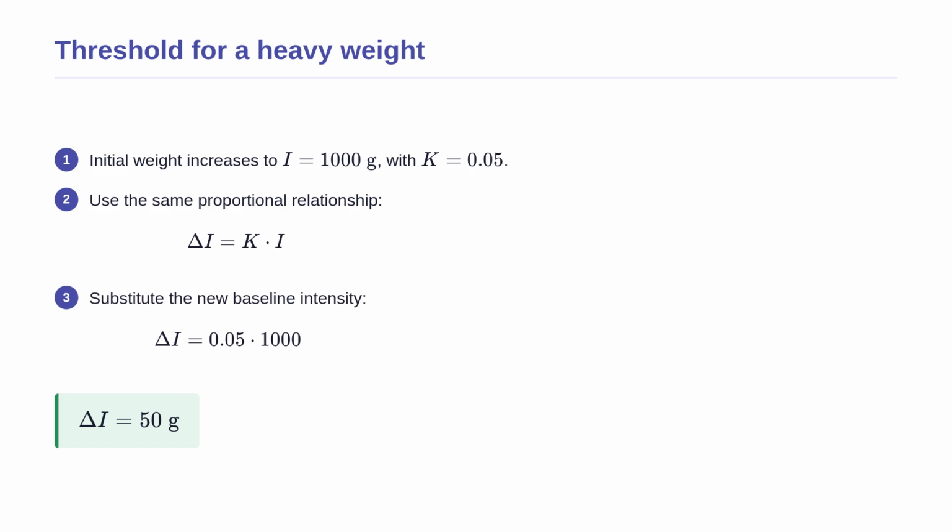We again use the formula delta I equals K times I. Substituting our new values, we multiply 0.05 by 1,000. This gives a new just noticeable difference of 50 grams. Notice how the previous 5-gram change would now be completely invisible to your nervous system. Because the background weight is heavier, your neurons require a massive 50-gram increase to signal a noticeable change.